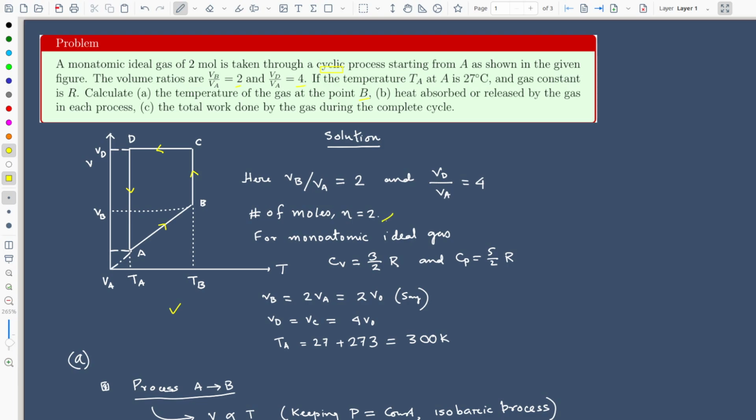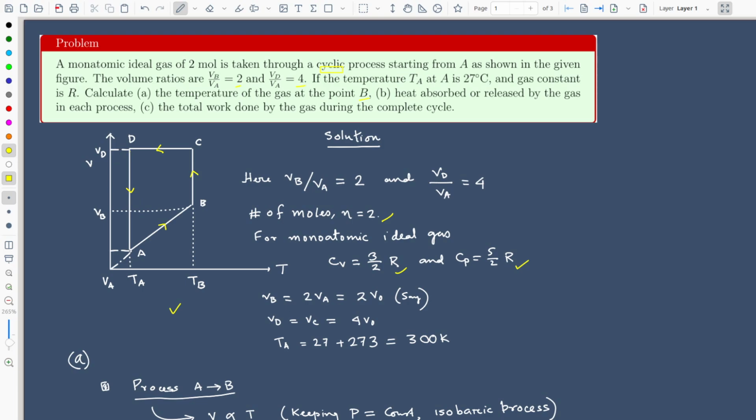Number of moles is 2. For a monoatomic gas we know Cv equals 3 by 2 R and Cp equals 5 by 2 R. Now we assume Va equals V naught, say, so Vb equals 2 Va, that is 2 V naught, and Vd equals Vc.